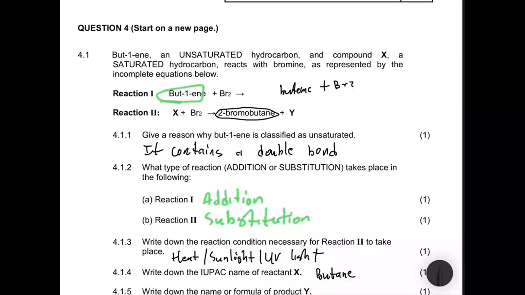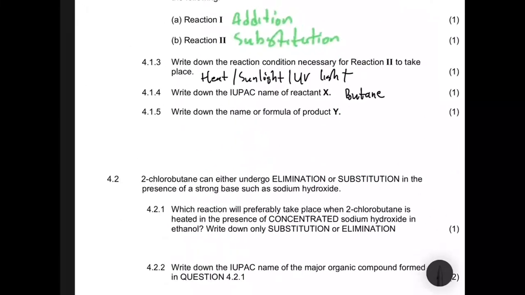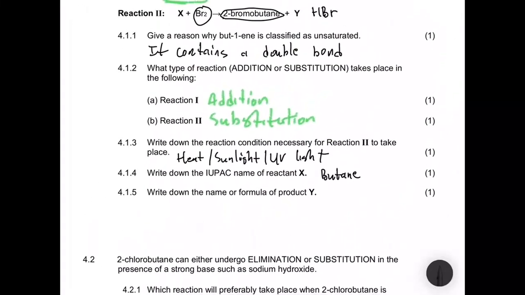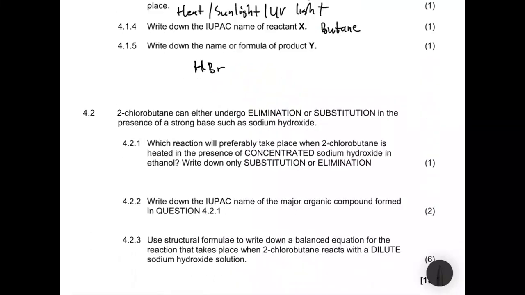And in place of bromine here, we're replacing it with a hydrogen. So Y will be hydrogen and bromine, right? So what is the name or formula of product Y? Let's not complicate our lives and try coming up with the name. Let's just say HBr, hydrogen bromide.